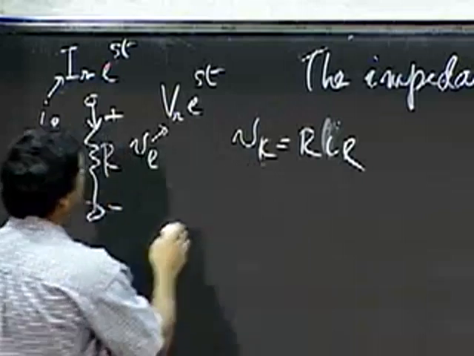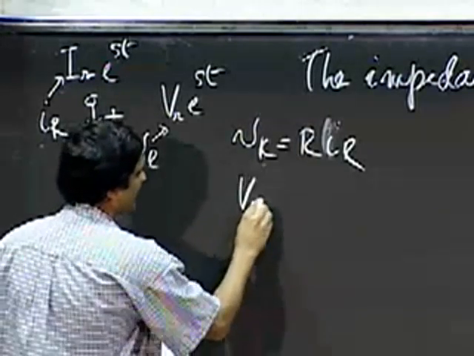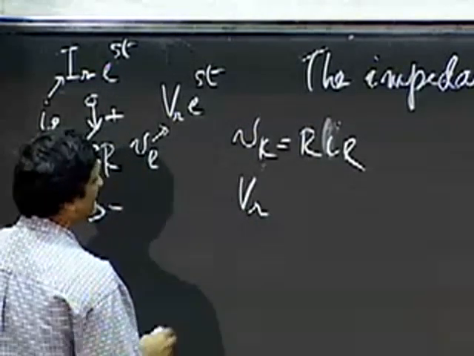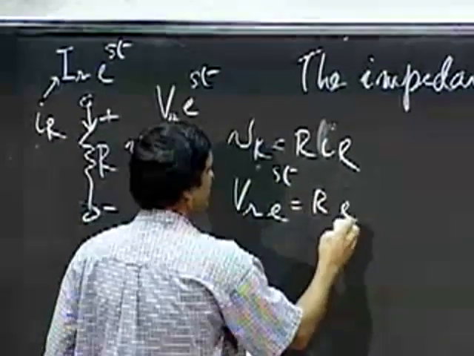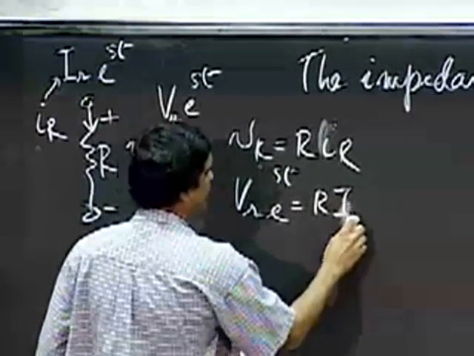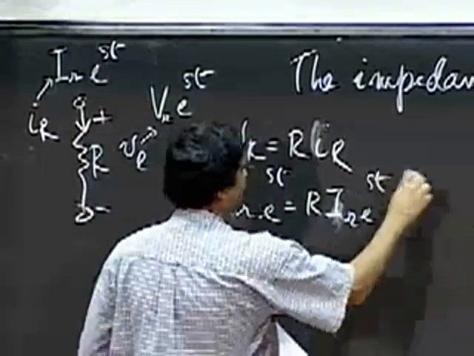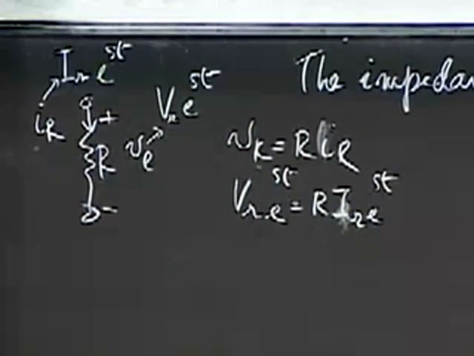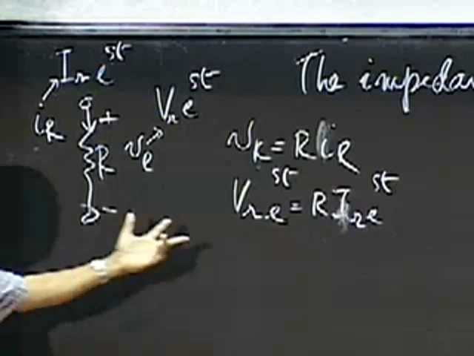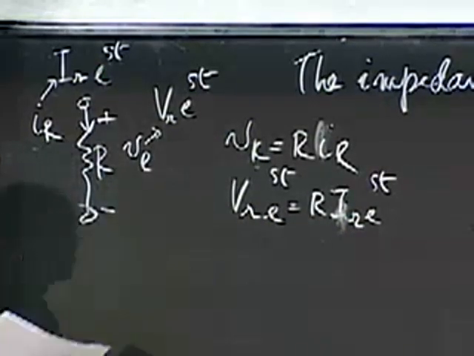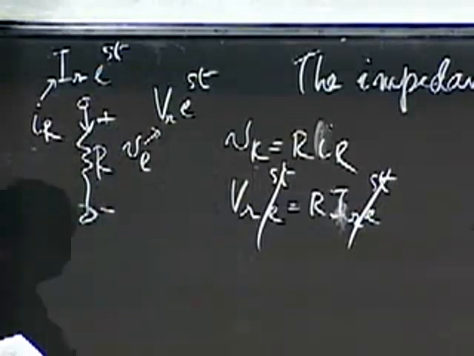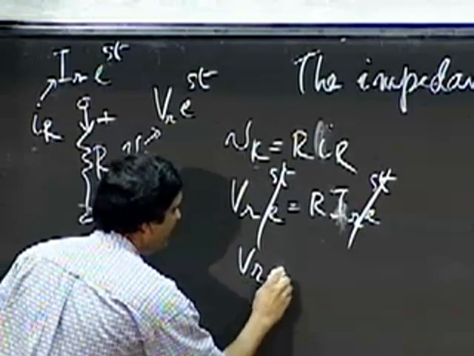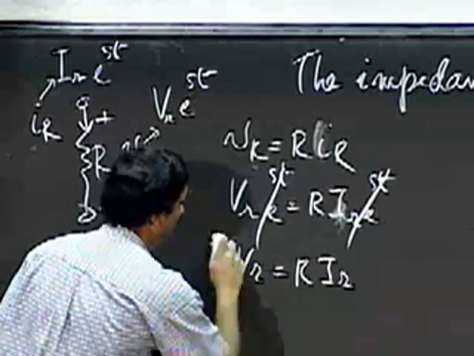I substitute using my complex drives: VR e to the st is R times IR e to the st. Ohm's law should apply. I cancel off e to the st, and so I get VR is R IR.